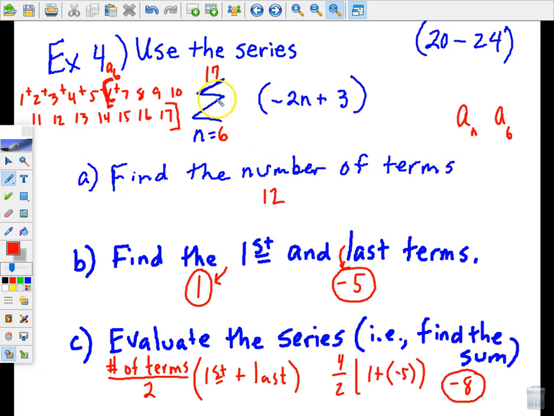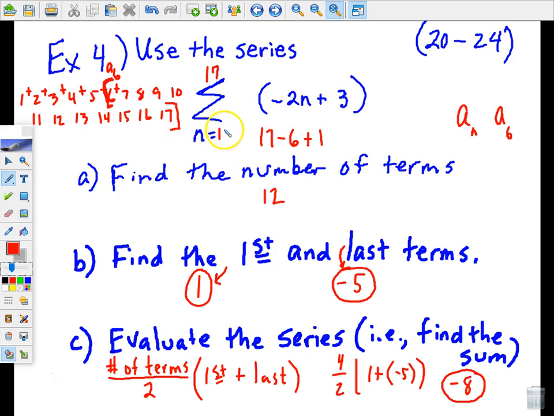So I showed the class another way of doing that, and this always works. If you want to just take the top number, the upper limit is what we call it, of sigma, and subtract the bottom, and then always, just don't forget, you always want to do plus 1. And that will get you the number of terms. Now, yes, if the bottom number says n equals 1, then your number of terms will be whatever this upper number is.